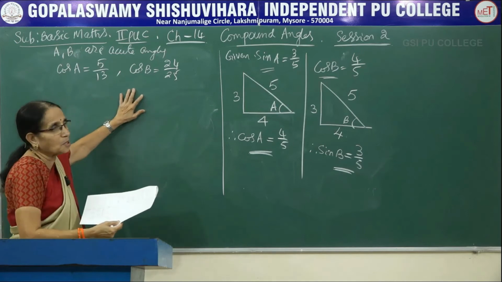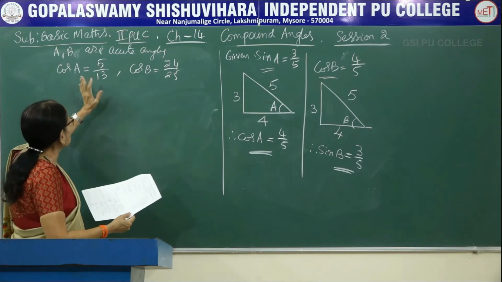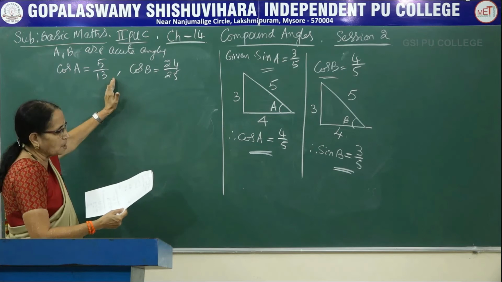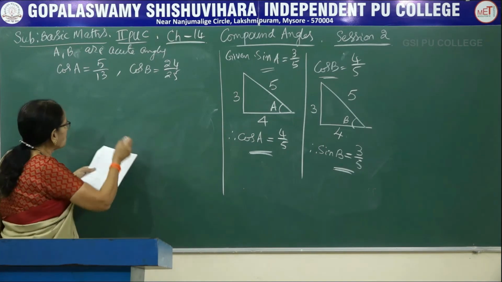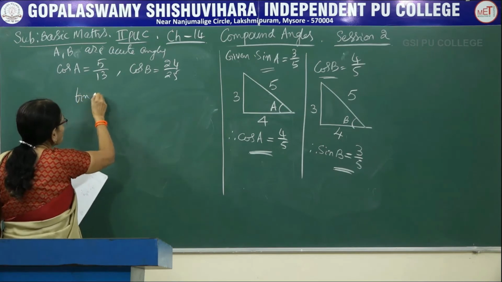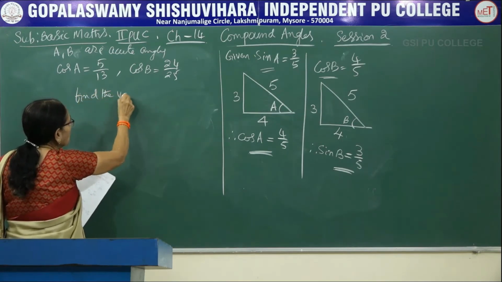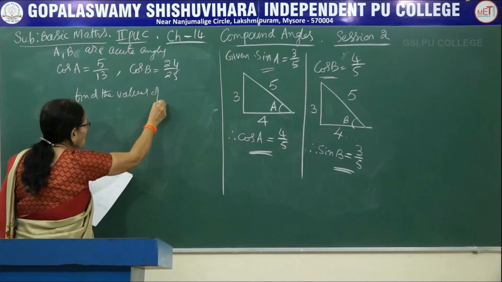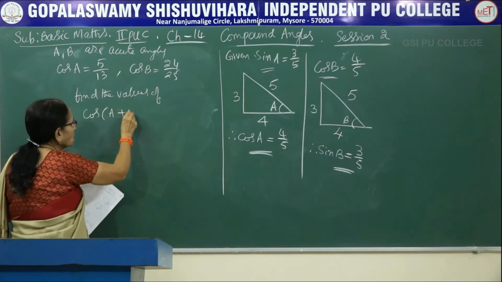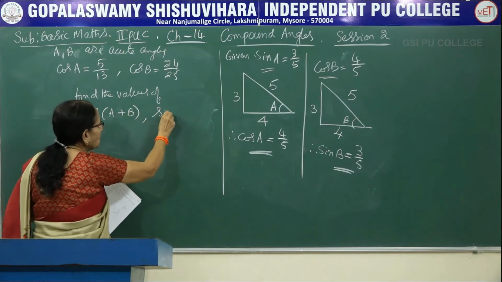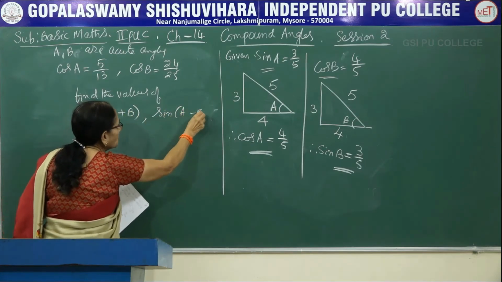Both cosine ratios have been given. Angles are different, but the ratio is same. Cos A is 5 by 13, cos B is 24 by 25. You are supposed to find the values of cos A plus B, and sin of A minus B.